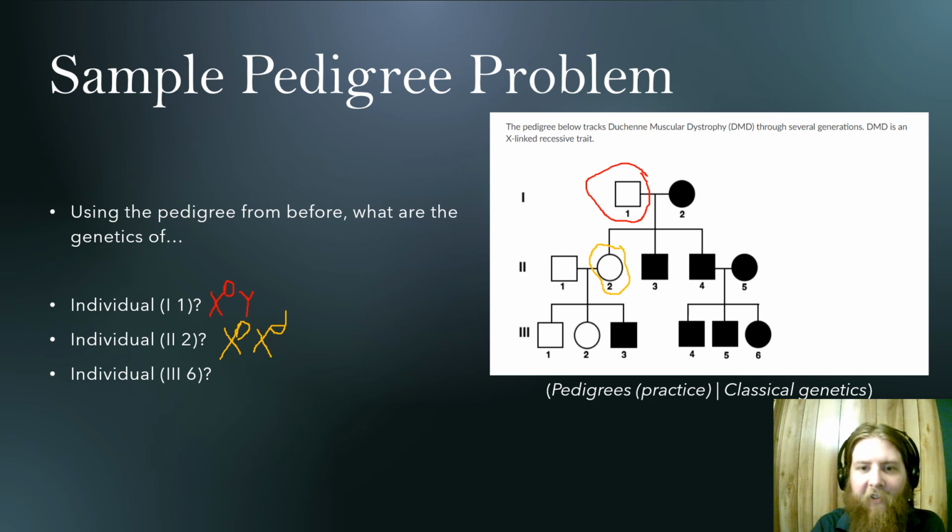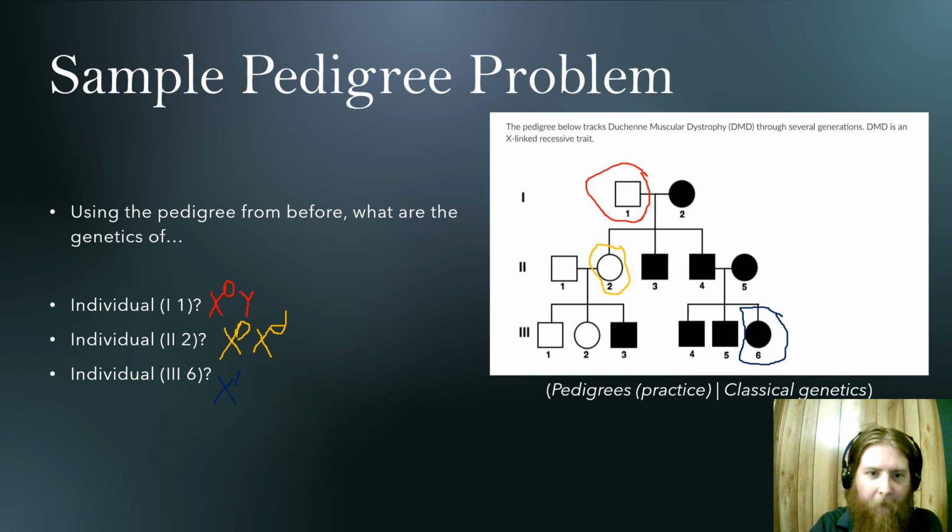Now let us look at individual Roman numeral 3, 6. She's a girl, she's a circle, and she's going to get her genetics from her parents. Her siblings also have this disease, but her parents also do as well. So dad only had 1 X chromosome to give.